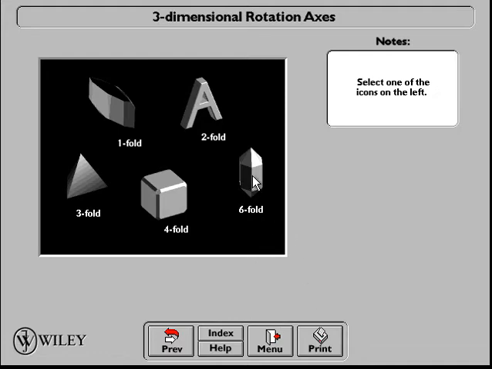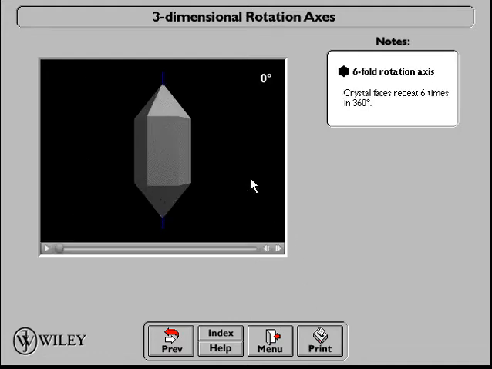Now we are going to the 6-fold rotation axis. We have here again the symbol for a 6-fold rotation axis. Then we are checking if the crystal faces will repeat 6 times in 360 degrees, which means every 60 degrees.